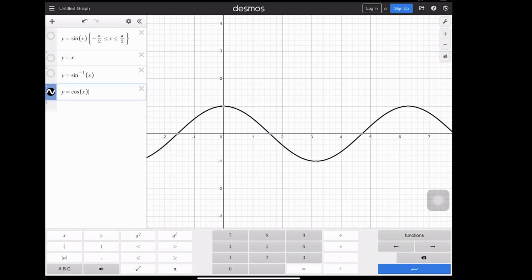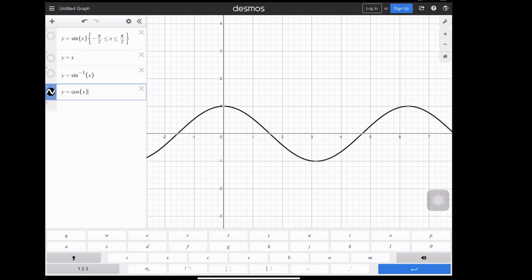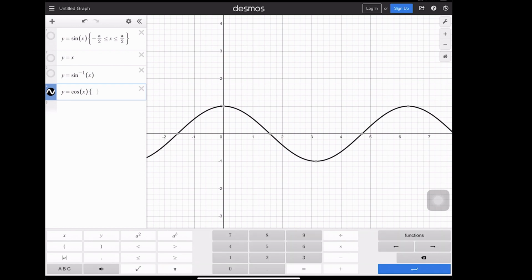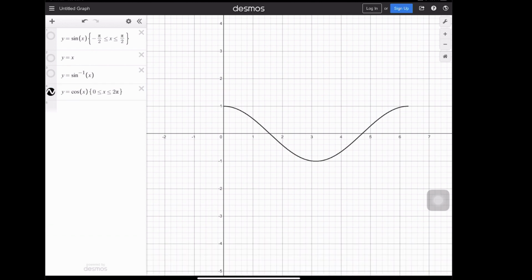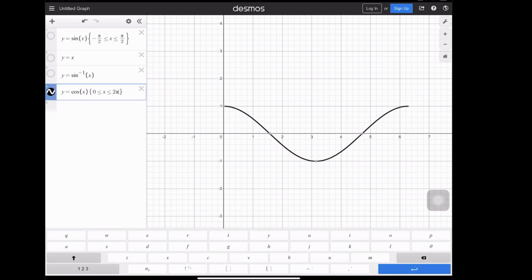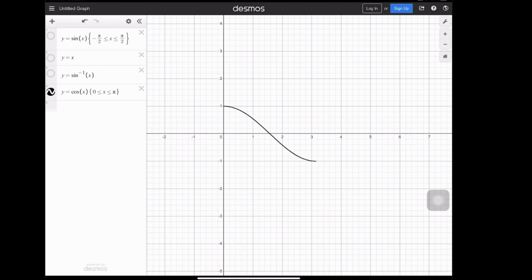How do we restrict it? The way I gave you. That's formally how we restrict it: 0 less than or equal to x, less than or equal to pi. Okay. There we go.